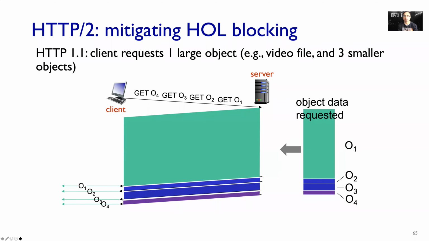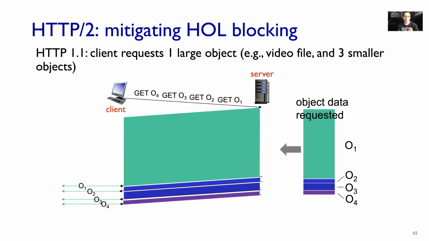So as you see here, since the first object was the first one received, the server will spend quite a bit of time serving that particular object, and then it can move to the other objects, right? So this is a little problematic in that all these small objects then need to wait for this big object to come by.